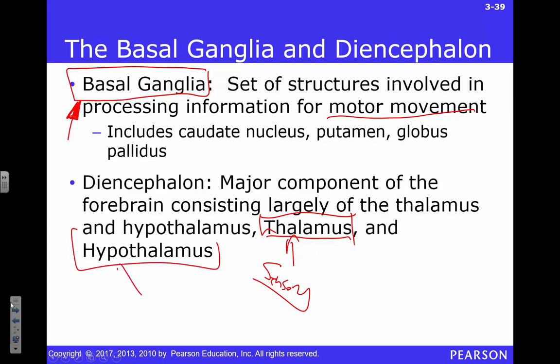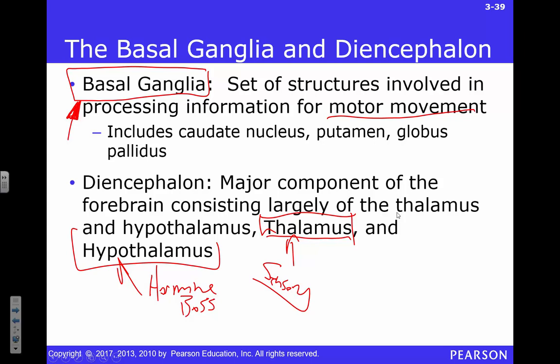Hypothalamus, we already talked about this. This guy's kind of like the hormone boss. Okay? Basically, it releases a hormone that tells the pituitary gland to release a hormone that tells somewhere else in your body to release a hormone that actually causes you to do something, right? I know that's a real long, complicated process. We'll talk about that when we talk about emotion, when we talk about reproductive behavior, right?